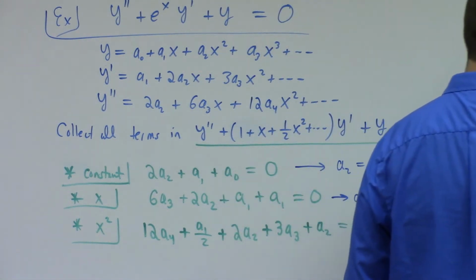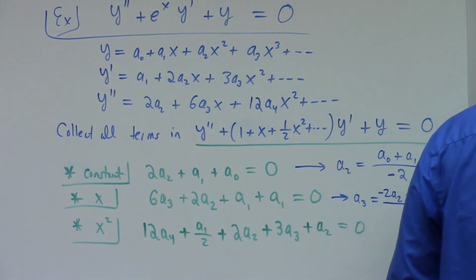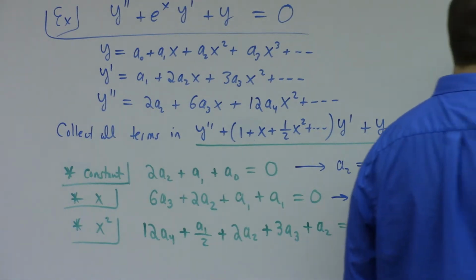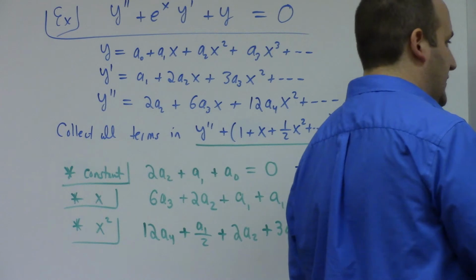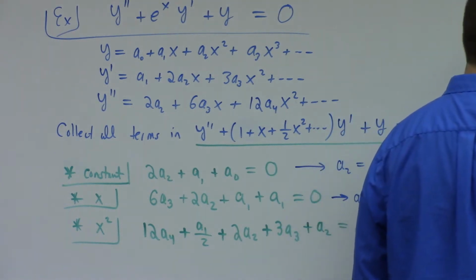So what we've got is y is equal to a naught plus a1x plus a2x squared plus a3x cubed plus dot dot dot, right? But what that actually is, we're going to use a naught and a1 as our parameters. So there's your a naught, there's your a1.